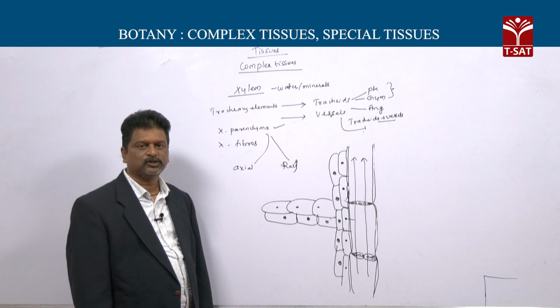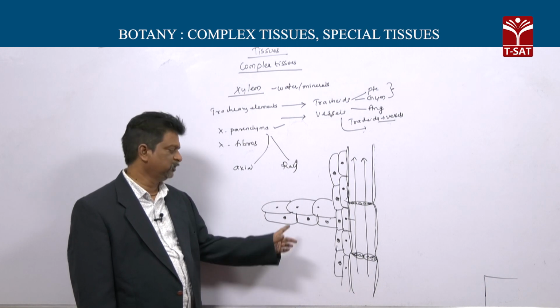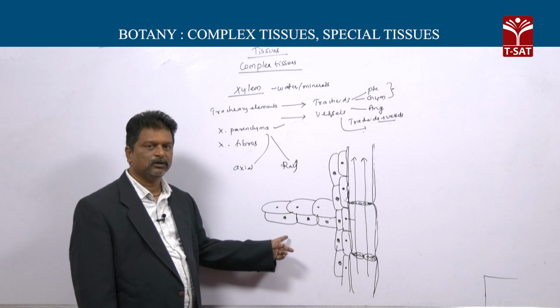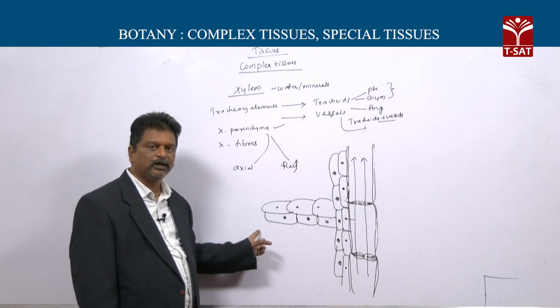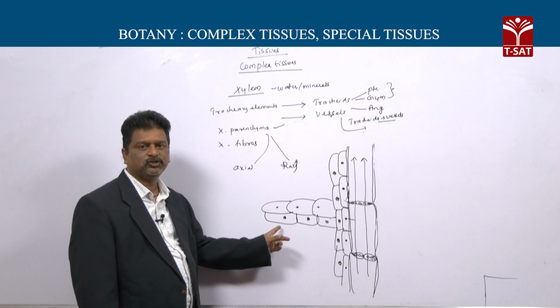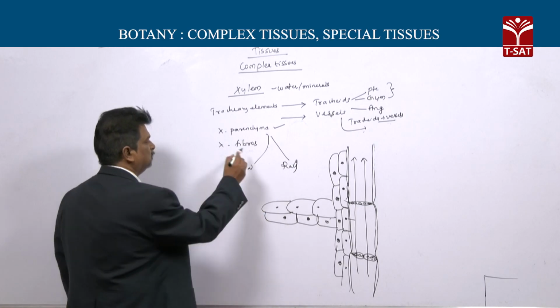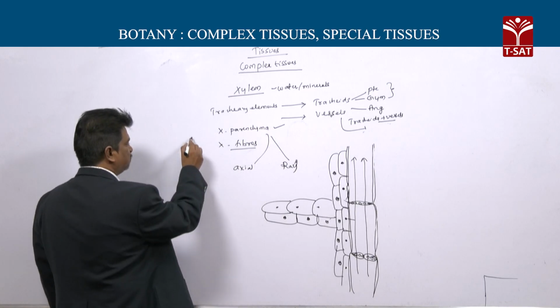It stores starch and also fats. Along with storage, this parenchyma helps in conduction. Particularly, ray parenchyma helps in radial conduction. Radial conduction means lateral conduction. That is xylem parenchyma.